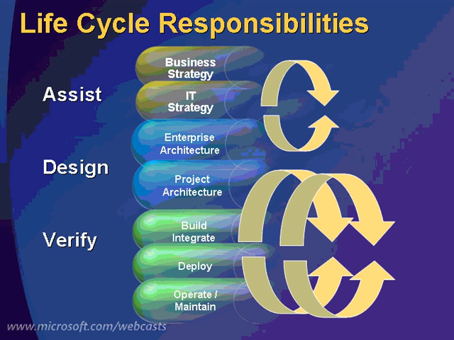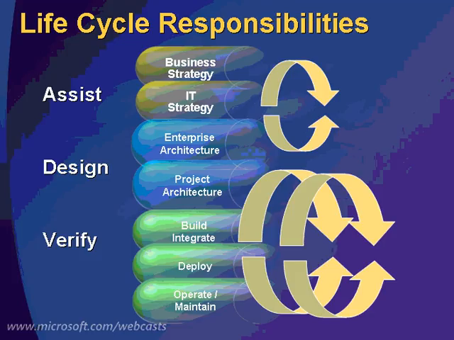So if you look at the life cycle, what you'll find is a lot of times architects are involved with the key business and IT strategy projects, and a lot of times the life cycle will be they'll take 1 or 2 big runs defining an enterprise architecture for a corporation, and then they'll spend a lot more time on individual projects implementing those different architectures and refining them as you go along.